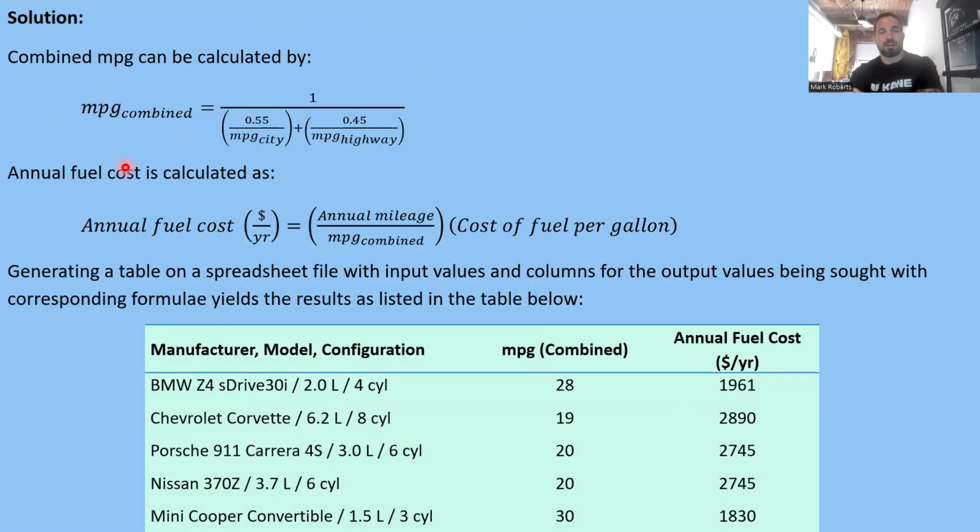So for the miles per gallon, we have to take the reciprocal of the sum of the reciprocals, because essentially what we need to do is get the combined miles per gallon rating. It's not going to be the miles per gallon multiplied by 55%.